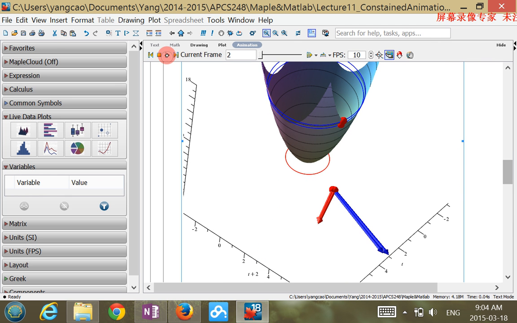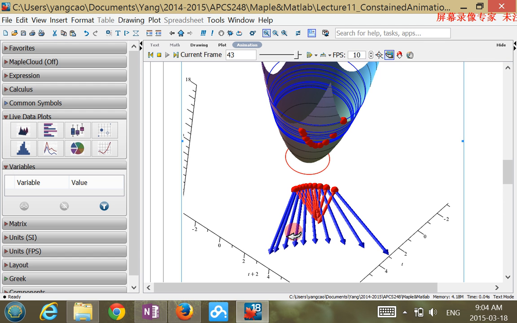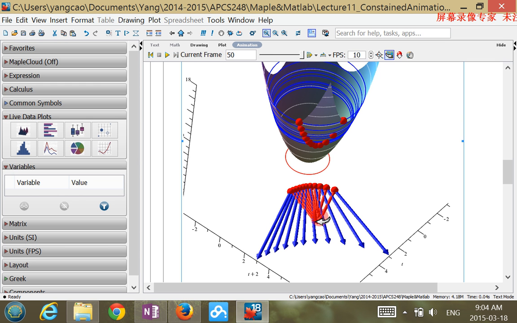Actually, you can try to look at the two vectors, the green one, the blue one and the red one. I don't remember which one is which now. Anyway, one is the gradient vector for the xy function, and the other is the gradient vector for x squared plus y squared.